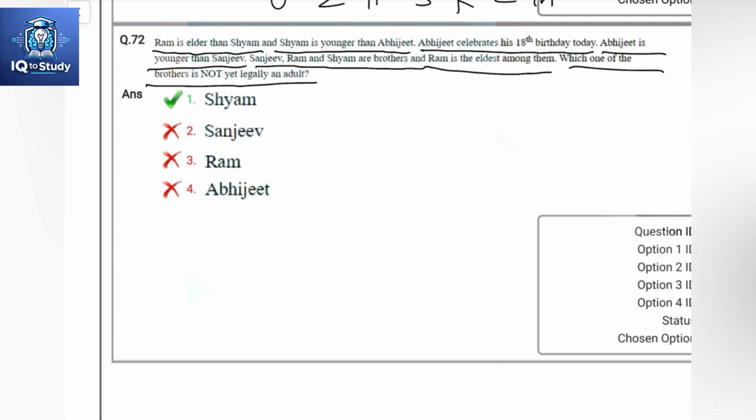According to the information, Ram is elder than Shyam and Shyam is younger than Abhijit, and Abhijit celebrates 18th birthday today and Abhijit is younger than Sanjeev.